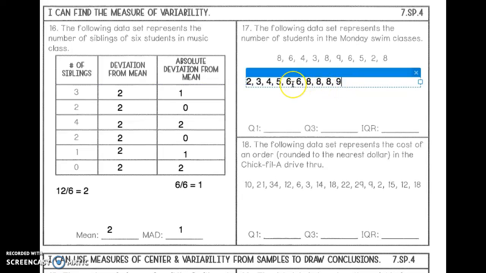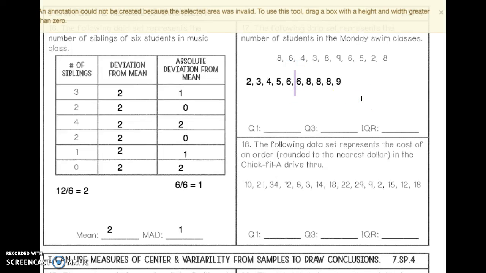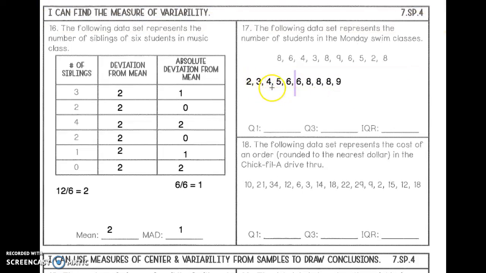When you have an even number, it's easy to get Q1, Q3, and IQR. I want to split these right down the middle, so I have 5 numbers on the left and 5 numbers on the right.